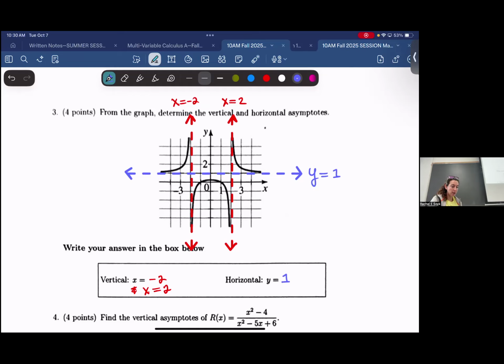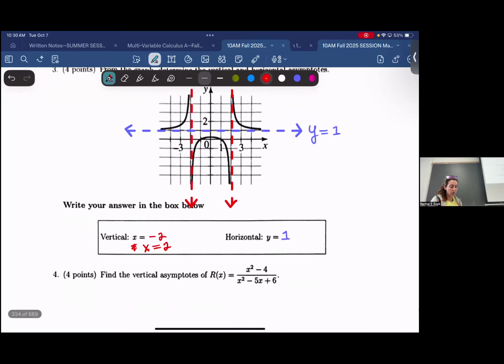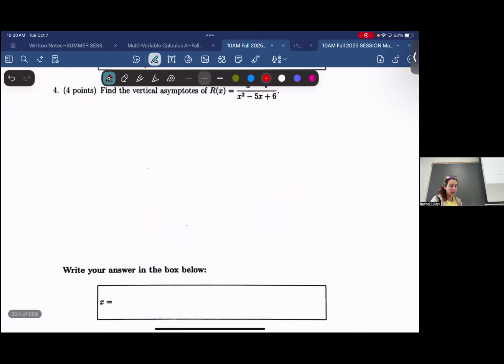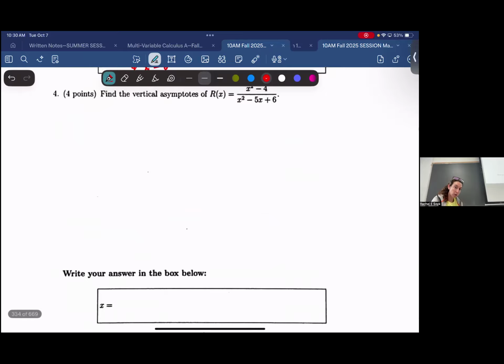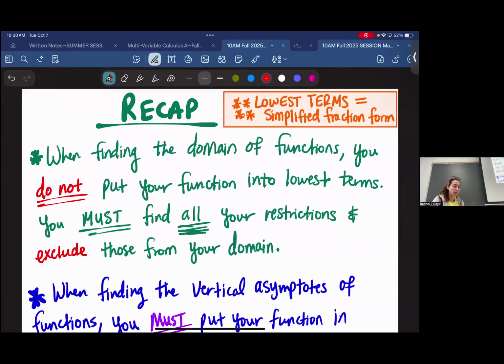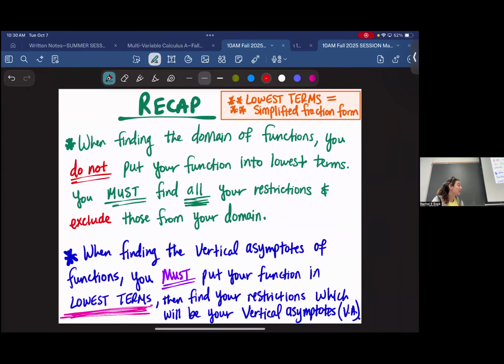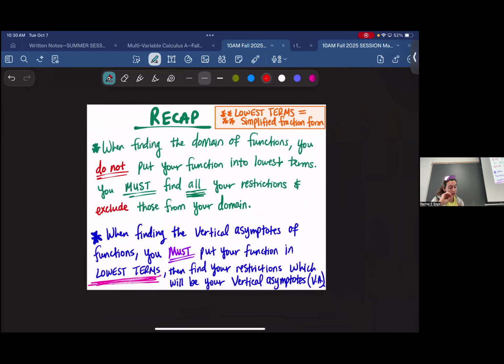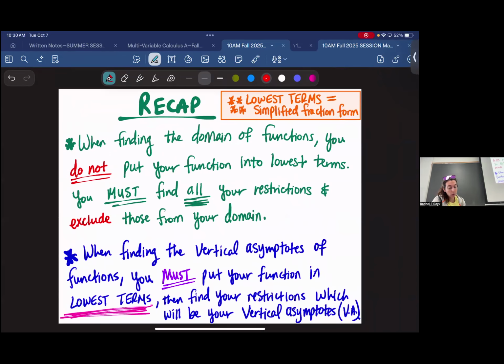And then last but not least, we have question 4, where we're asked to find the vertical asymptotes of this function. And this is where I kind of want to bring back our recap of what we went over during our last class. When you are identifying domain, you want to look at all of your restrictions.